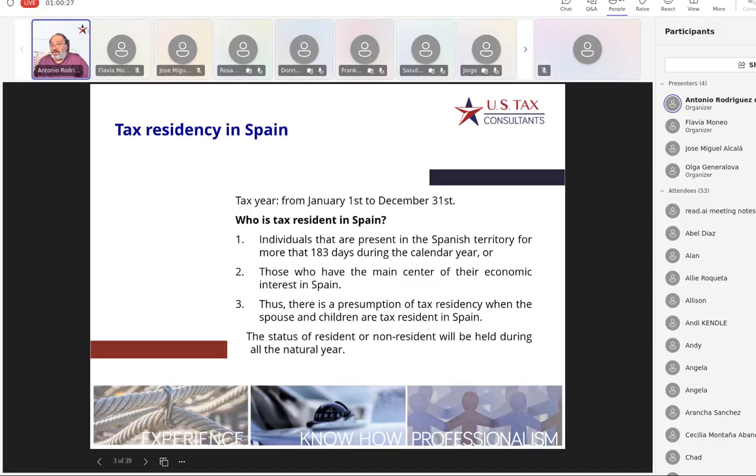To establish the fiscal residency, they look at where you have the business, and even if you have business in two different countries, then they consider where your family lives. That is your tax residency.